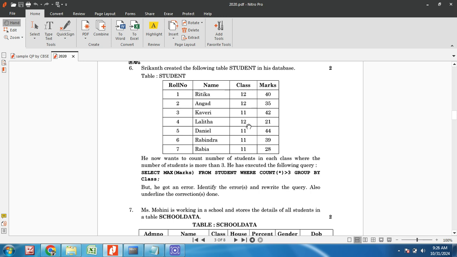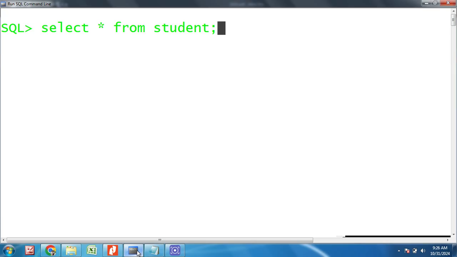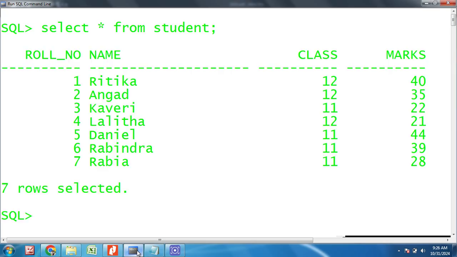Classes are 12, 12, 11, 12, and they are from 11th and 12th. Marks are 40, 35, 42, 21, 44, 39, 28. So let's create the same table. Select star from student. We have created the same table given in the question.